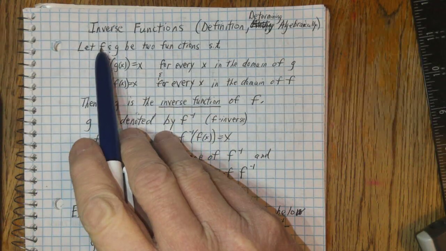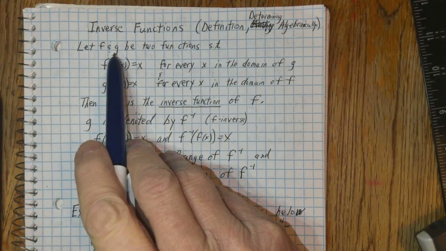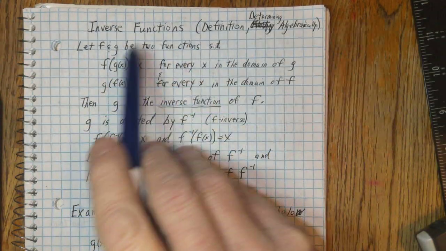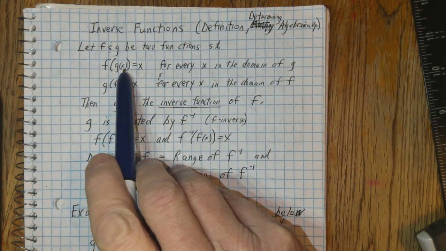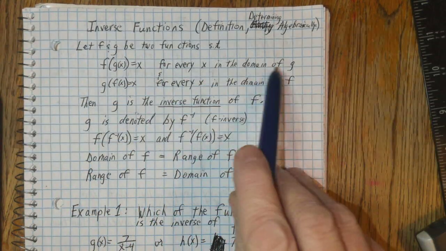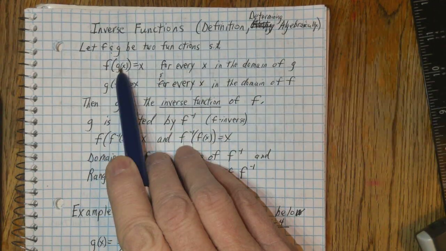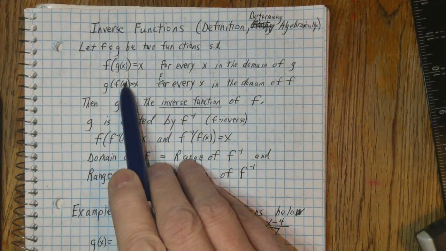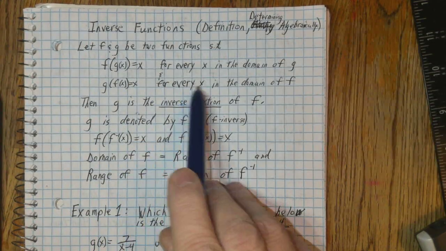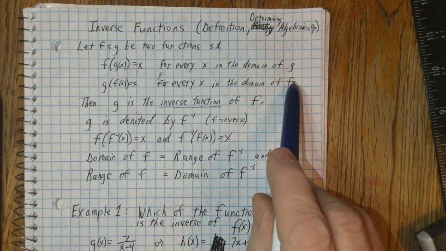And so we let f and g, those are the names of two functions, such that f of g of x, the composition, is equal to x for every x in the domain of g, and g of f of x is equal to x for every x in the domain of f.